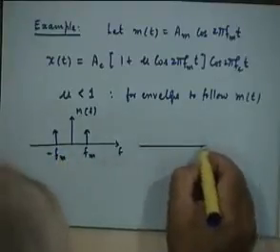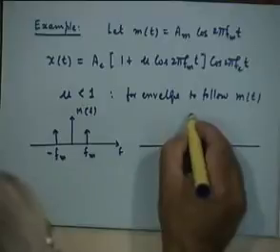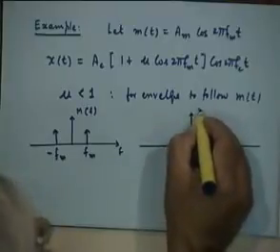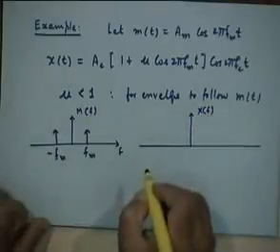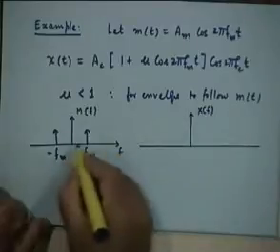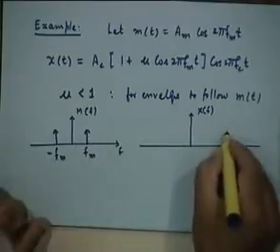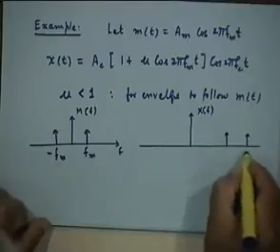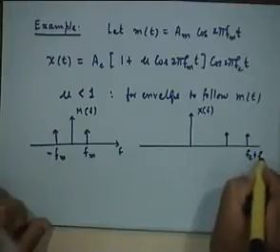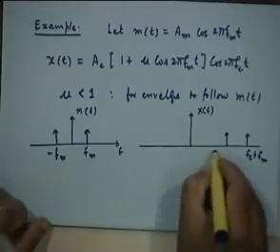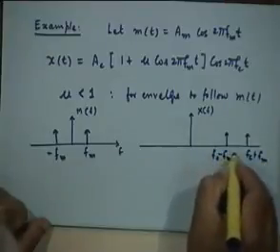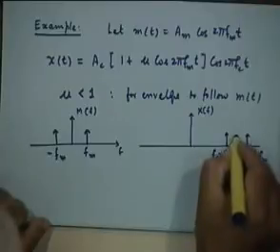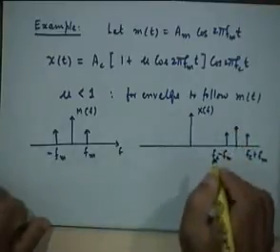After modulation, the spectrum of the modulated signal X of f will have components at f sub c plus f sub m, f sub c minus f sub m, and also there will be a carrier component, right?